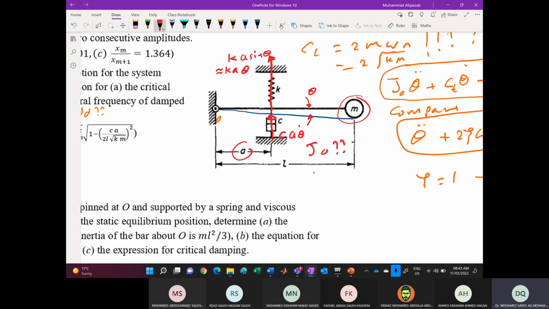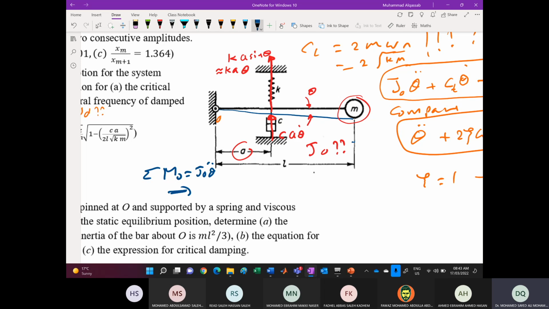Then we take the sum of moments. I will put the equation of motion here so that I don't go far away from the free body diagram. Sum of moment about O equal to Jo theta double dot. Okay, theta is clockwise positive. The moments of the two forces are counterclockwise, so they are negative.